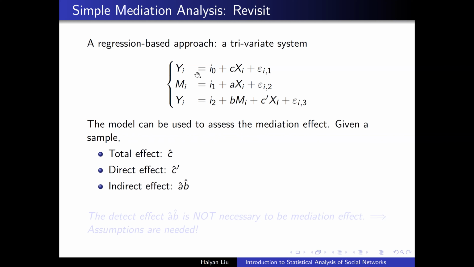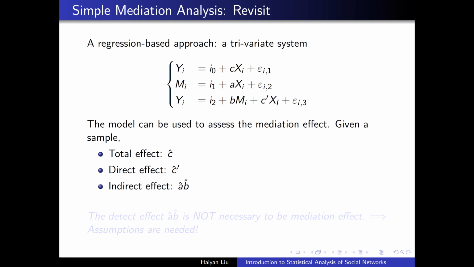By fitting this trivariate system, we are able to get the total effect estimate C hat. We could also get the direct effect C prime hat, which is the effect of X on Y after controlling for the mediator. We could also get the indirect effect, which is the effect of X on Y that passes through M, which is the product of A hat and B hat.